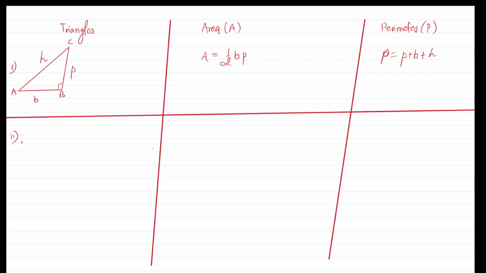And the second, acute angle triangle. ABC is an acute angle triangle. In this case, we have been given the height and the length of the base.